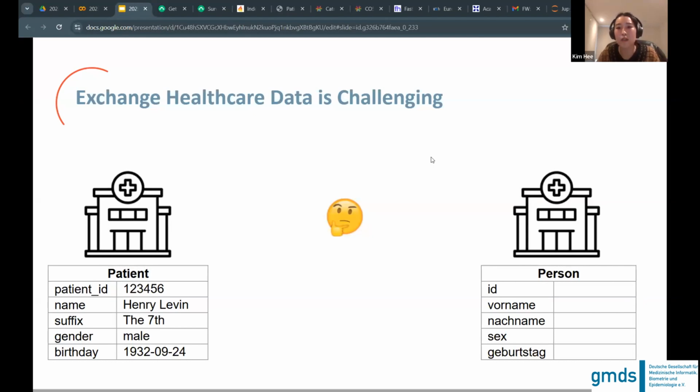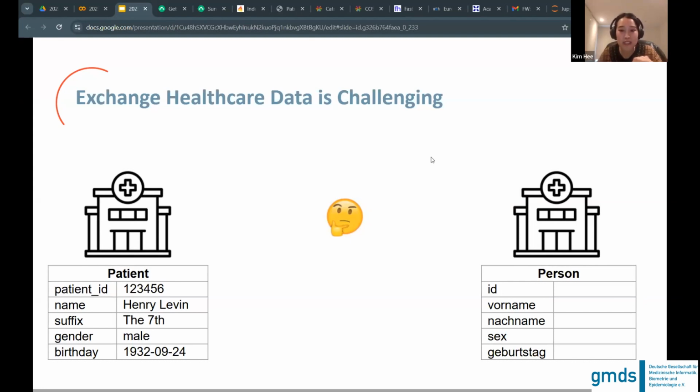What you can see, first of all, is that the table name is different. One is called patient, another one is called person. And the field names are different. The hospital on the left side stores the first and the last name together.